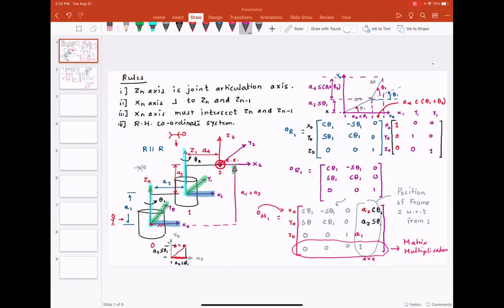The easiest velocity to find is in the z0 direction. Can you see that A1 is constant, A3 is constant? So if I take the derivative, the velocity of the end effector in z0 direction is 0. Does it make sense?